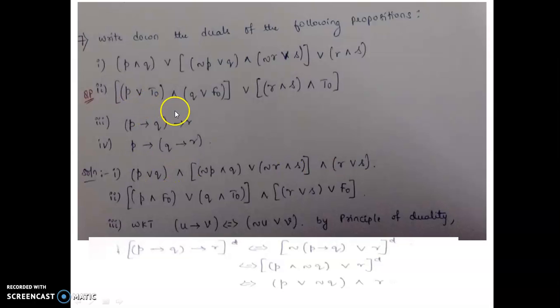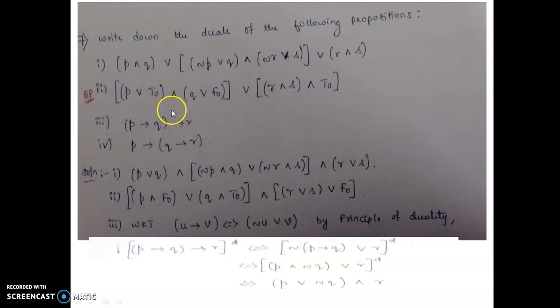Okay. Similarly, the second one we'll see in our given proposition. Let us not consider this one. Let us just tell the answer here itself. It becomes P and F naught. Why? Because its or should be converted to and, tautology with the F naught.